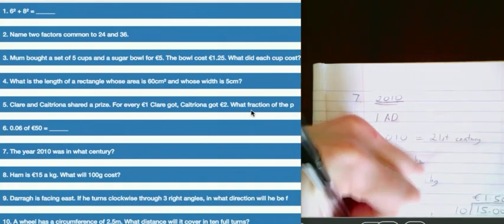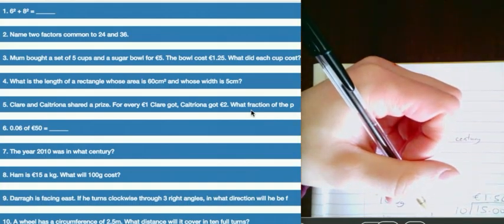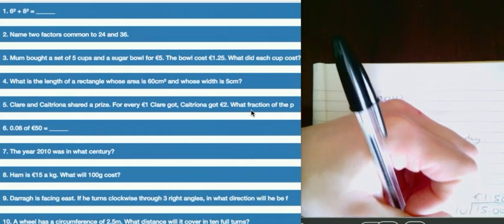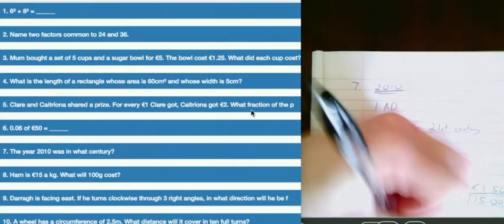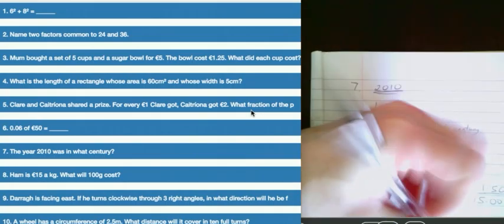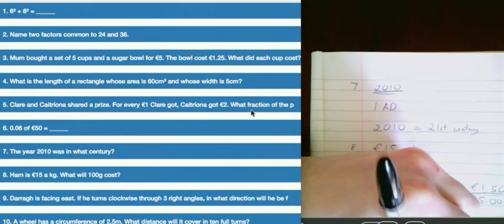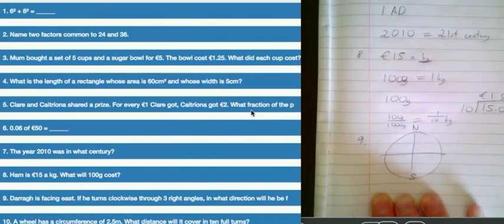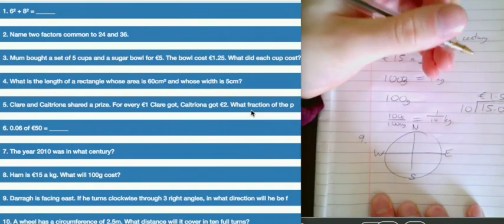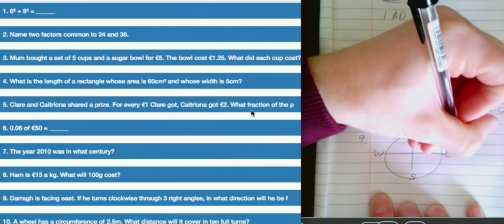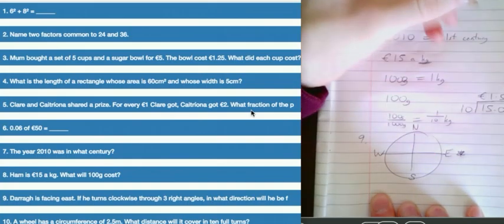Number 9. Dara is facing east. If he turns clockwise through 3 right angles, in what direction will he be facing? Well, draw a simple compass here. North, south, east, and west. And we know that Dara is already facing east. So Dara is here at the star.